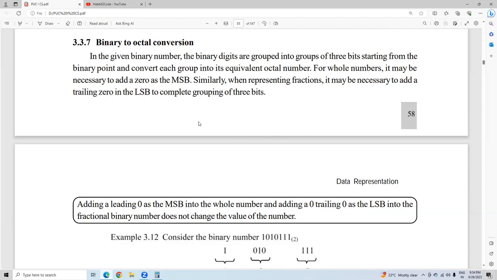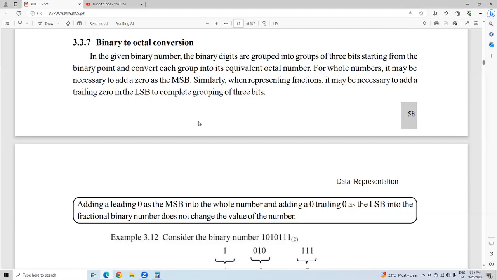The important point: the binary digits are grouped into groups of 3 digits starting from the binary point, and each group is converted into its equivalent octal number. For a whole number, it may be necessary to add 0 as the MSB. Similarly, when representing fractions, it may be necessary to add a trailing 0 in the LSB to complete the group of 3 bits.